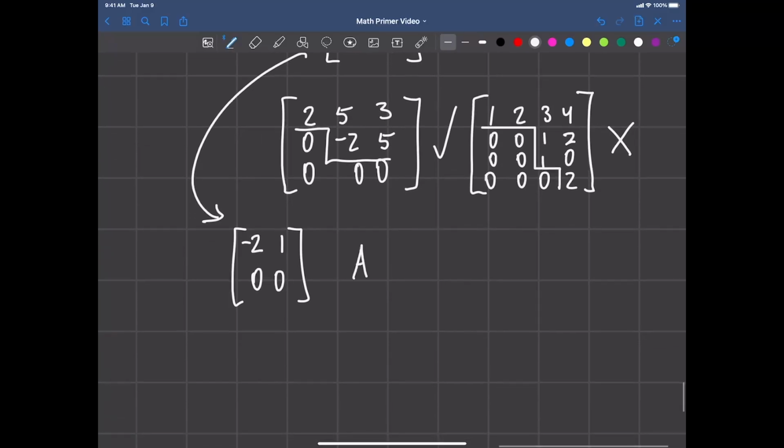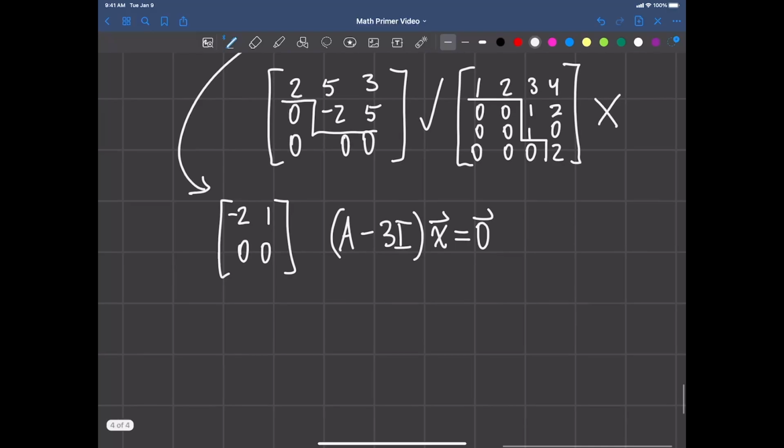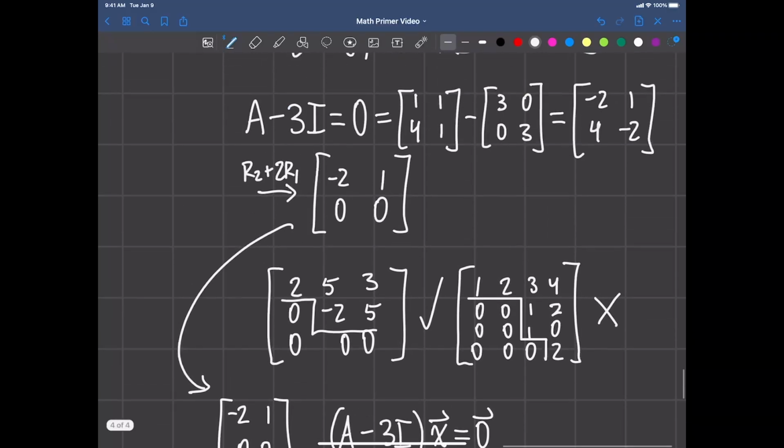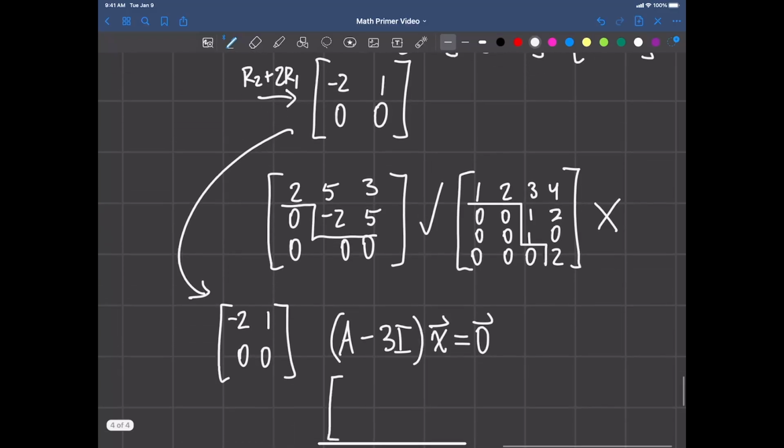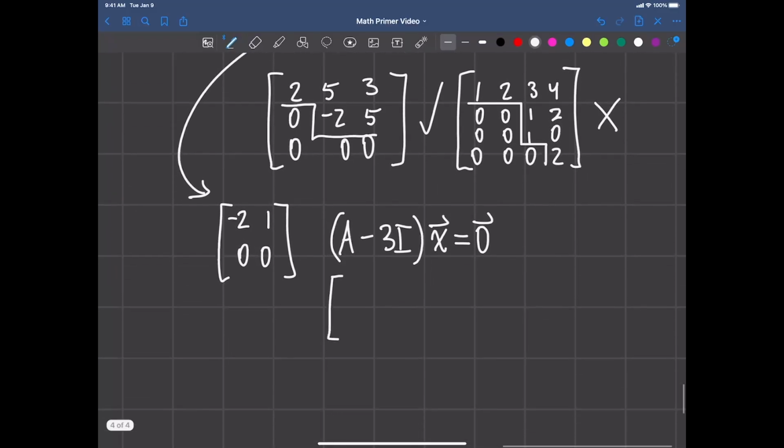And we know that A minus 3I multiplied by x, the eigenvector x, is equal to the 0 vector, which means that since A minus 3I is negative 2, 1, 0, 0, and this is x1, x2, equals the 0 vector.